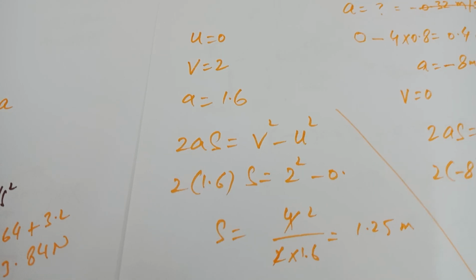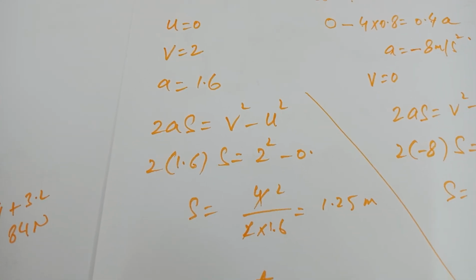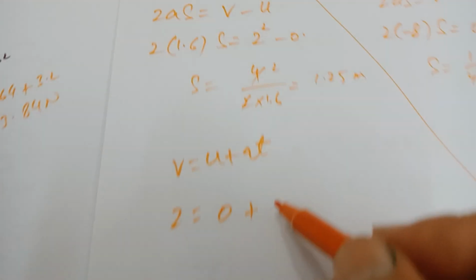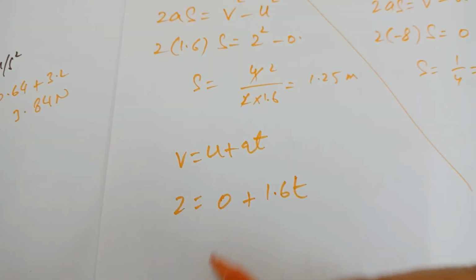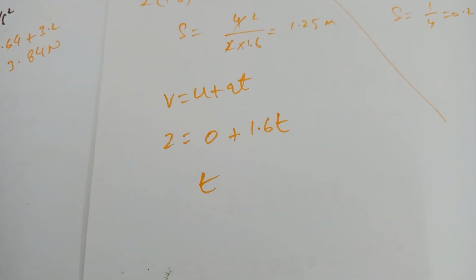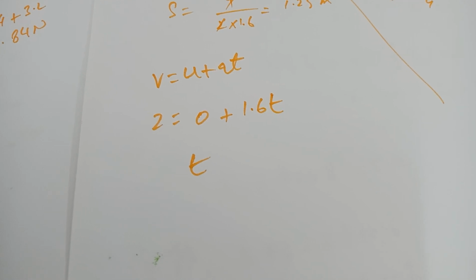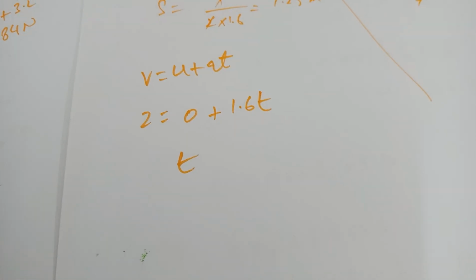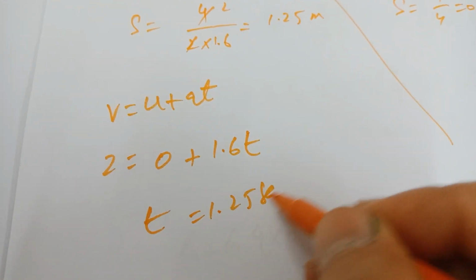That is 2 equal to 0 plus 1.6 t. So the time is 2 divided by 1.6, which is 1.25 seconds.